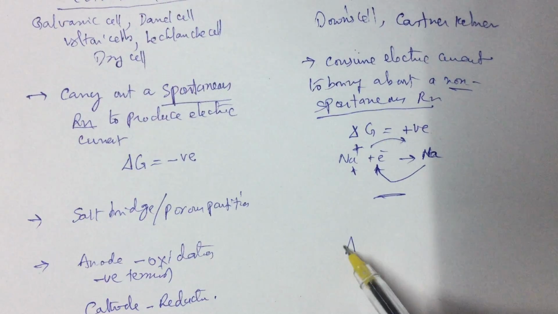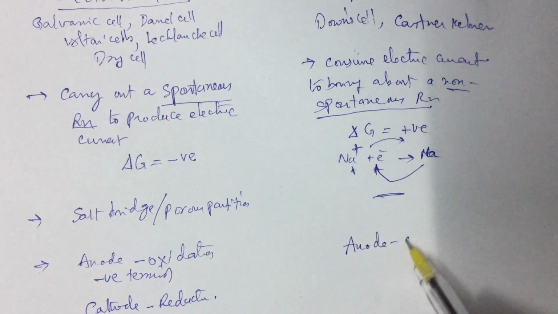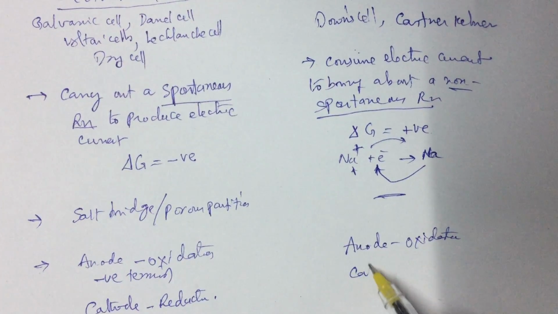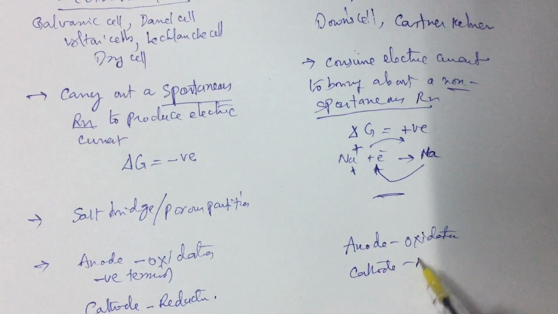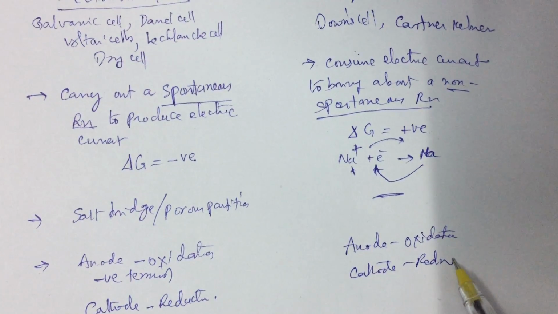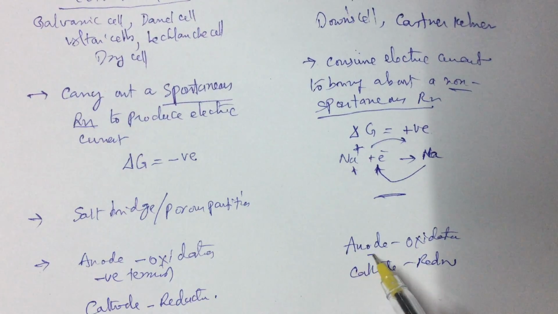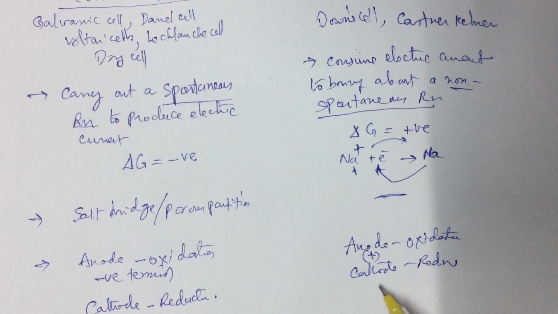Notice here also, at the anode oxidation happens in the electrolytic cell. At the cathode a reduction happens in the electrolytic cell, as in this case, but here the anode has a positive sign and the cathode has a negative sign.